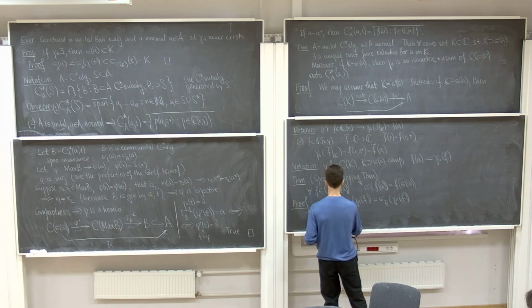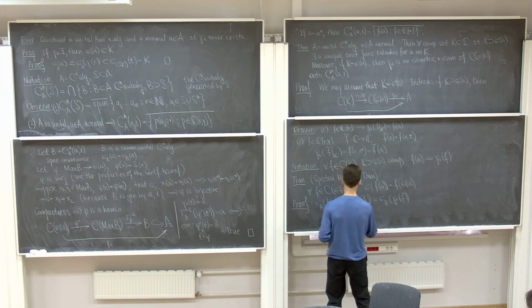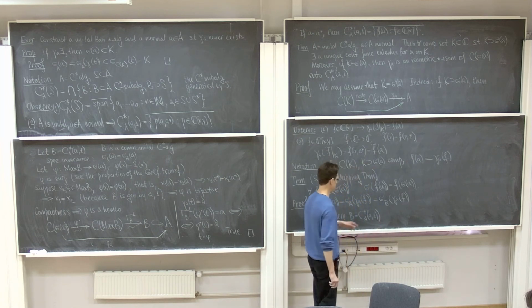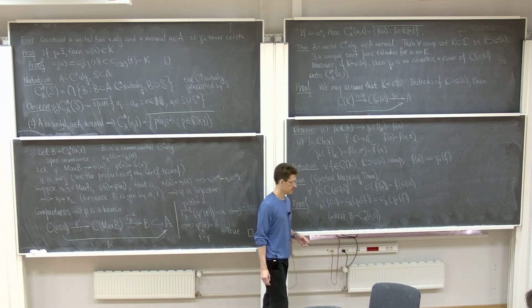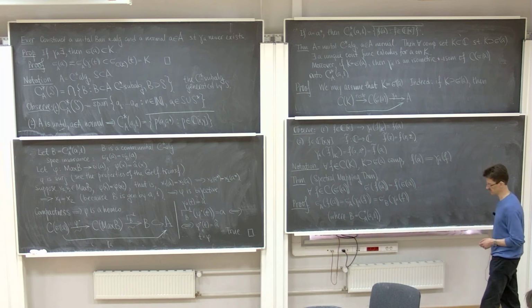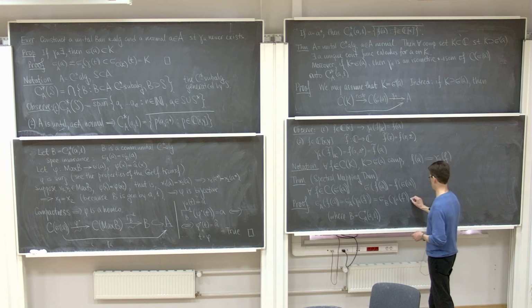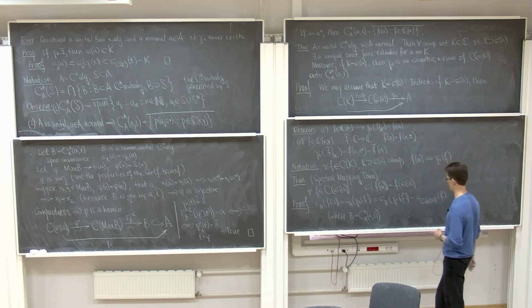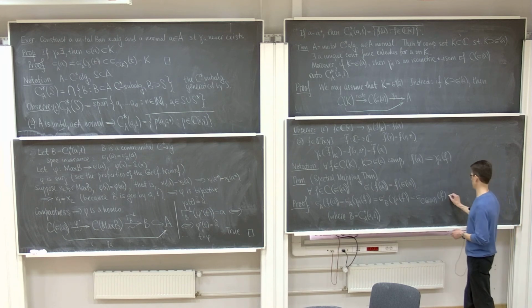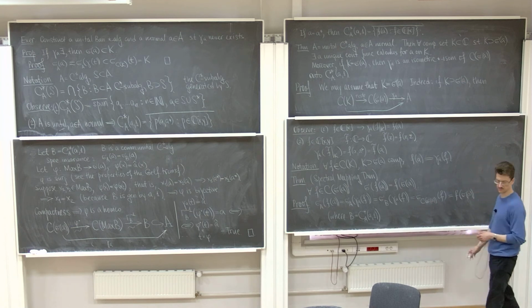So here B is the C-star subalgebra generated by A and the identity. So this is true by the spectral invariance. But since now gamma is an isomorphism of the algebra of continuous functions onto B, this is equal to the spectrum of f in the algebra of continuous functions on sigma of A. But again, we know that the spectrum of a continuous function is just the range. And that's it.